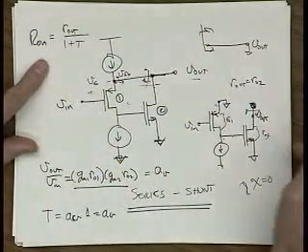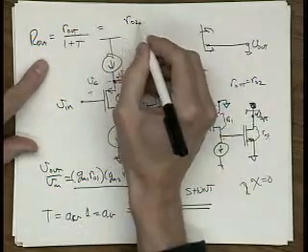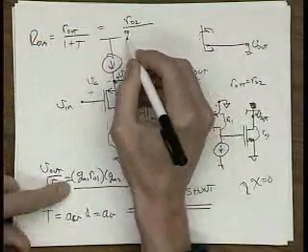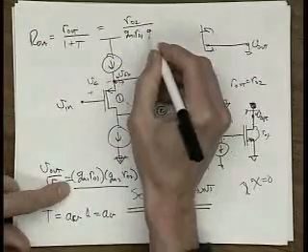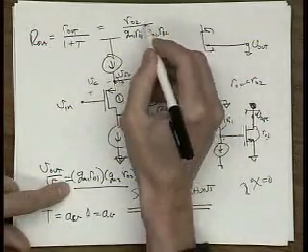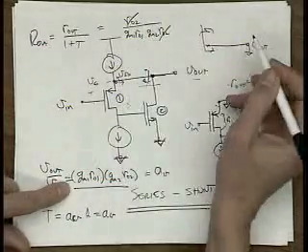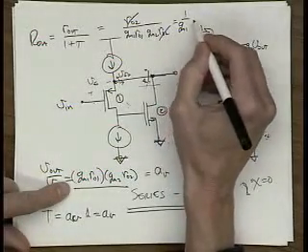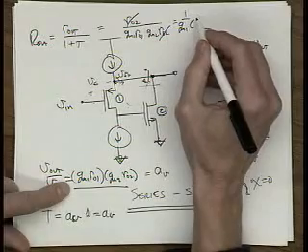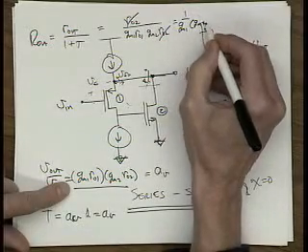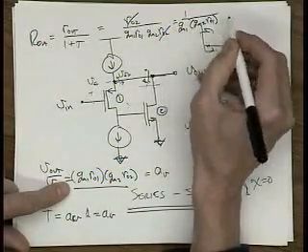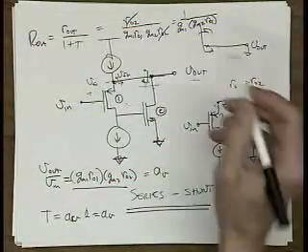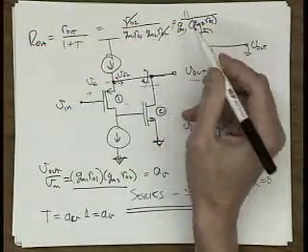So we plug into here, we get RO2 divided by GM1 RO1, GM2 RO2. The RO2s cancel out. We end up with 1 over GM1 times GM2 times RO1. So that's why it's a super source follower, right?